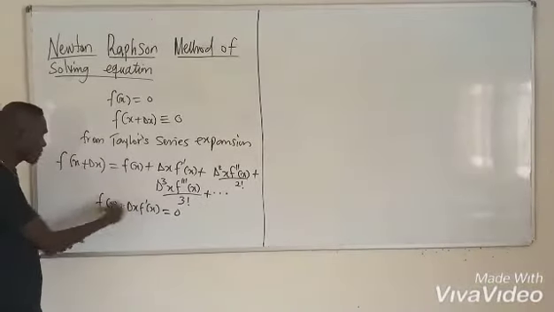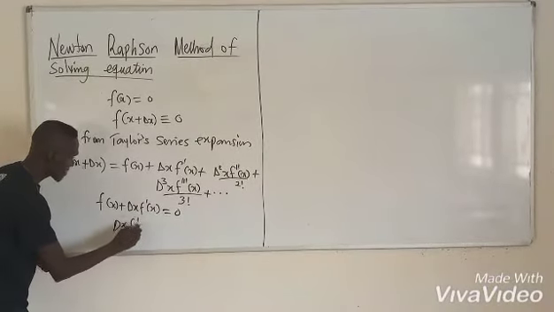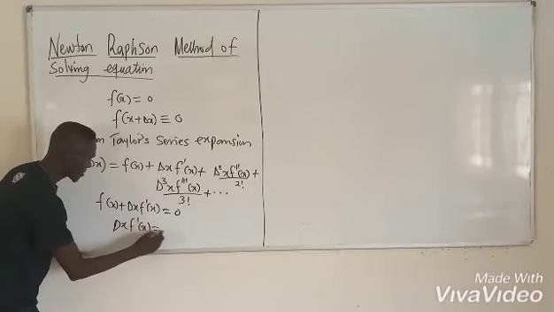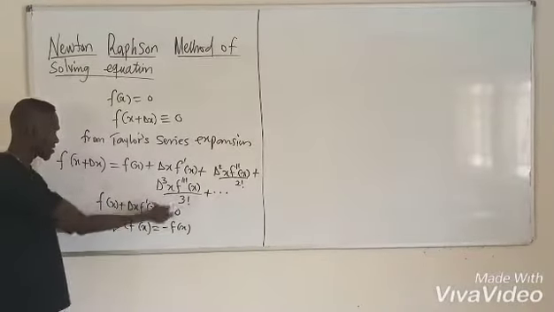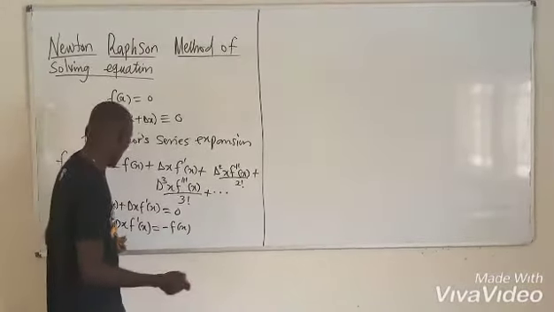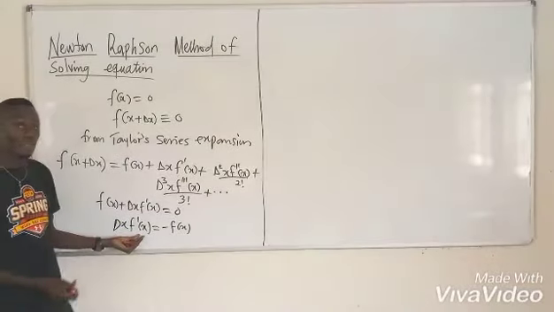So from here, I will make f of x cross to the other side. I'm going to have delta x f prime of x is equal to minus f of x. That's making this cross to the other side. So from here, I want to make delta x the subject of the formula. I'll divide it by f prime of x.